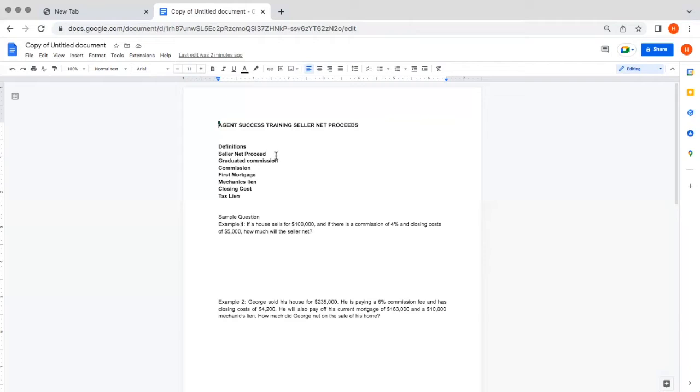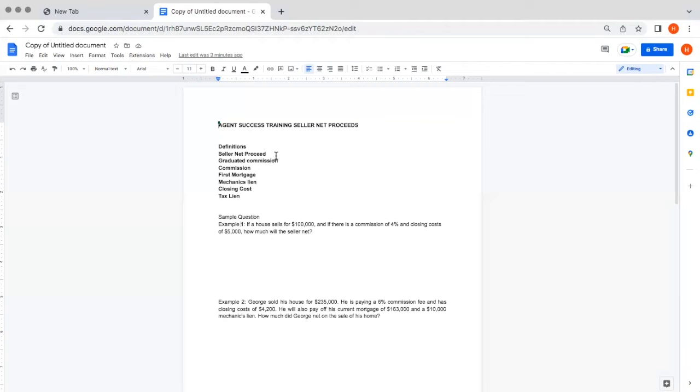Now, most sellers that you'll encounter will have some sort of expenses taken out of their proceeds. The biggest one by far is any mortgage associated with them buying the property. Some people own the property free and clear, but most people still have a mortgage lien on the property that needs to be paid off before they sell.